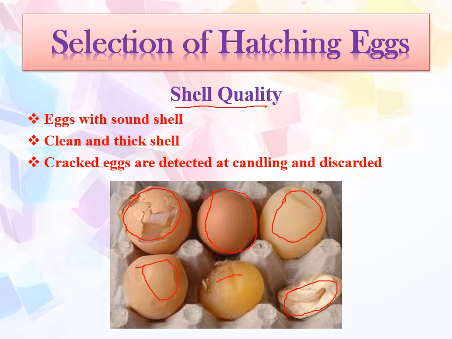So all these 5 types of eggs generally do not hatch, because they will not incubate and there will be no birth of a chick from them. So only this round shaped egg with proper shell quality should be selected for incubation, either by natural or artificial method. So the egg should be a sound egg with a sound, clean and thick shell. Cracked eggs are detected at candling and they are discarded.